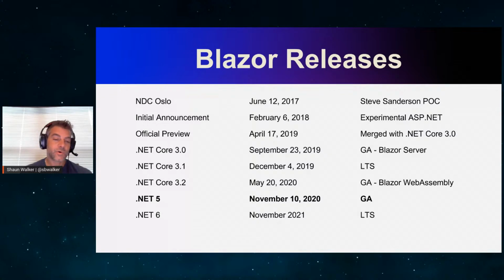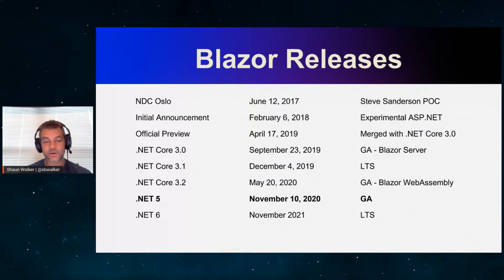But .NET Core 3.1 came along in December of 2019, and that was a long-term support release. So Blazor Server has long-term support already. .NET Core 3.2, which came in May of 2020, so last year, was the general availability of Blazor WebAssembly. And then .NET 5, of course, came along a bit later, November of 2020.